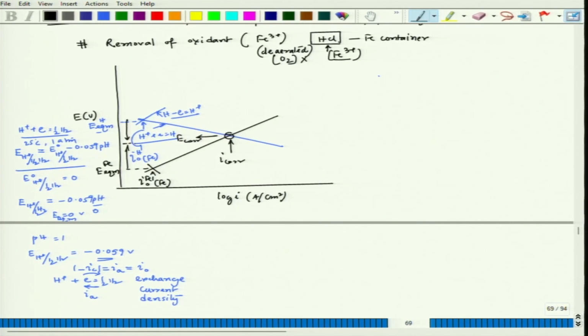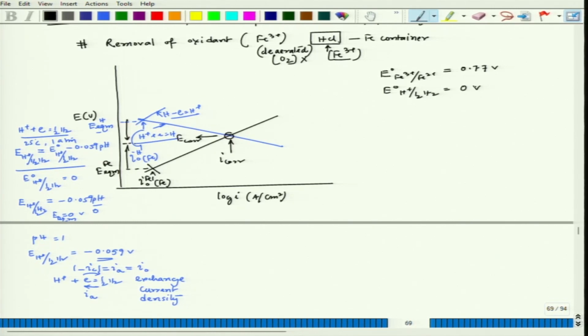Now, if we add Fe3 plus. So, Fe3 plus is a strong oxidant, and if we consider the standard reduction potential for hydrogen as well as Fe3 plus to Fe2 plus. So, E naught for Fe3 plus to Fe2 plus, its value at 25 degrees Celsius and 1 atmosphere pressure is 0.77 volt, whereas E naught for hydrogen is equal to 0 volt.